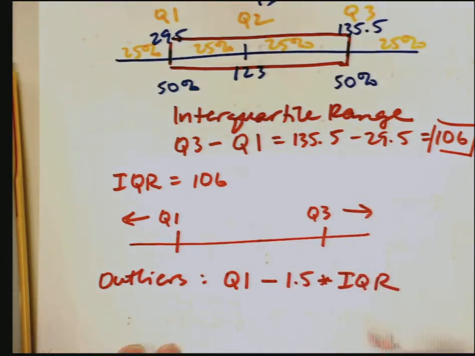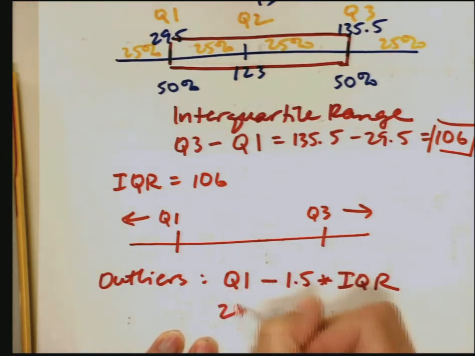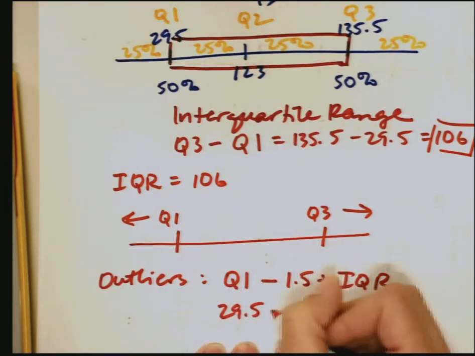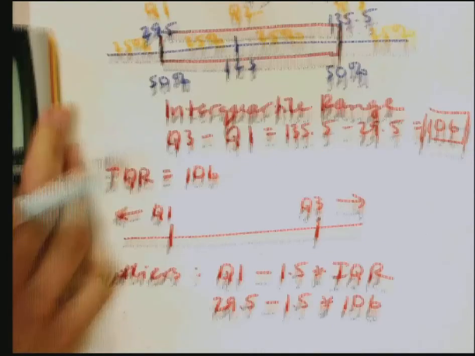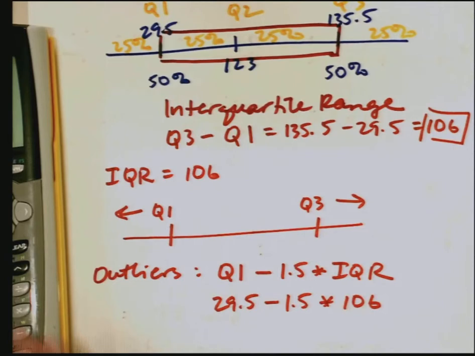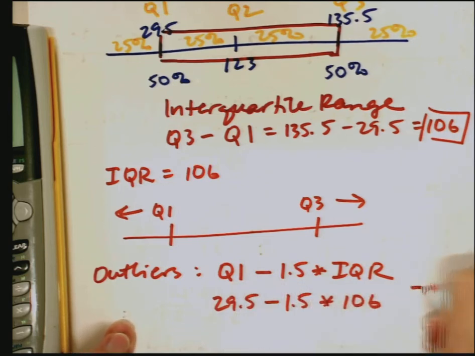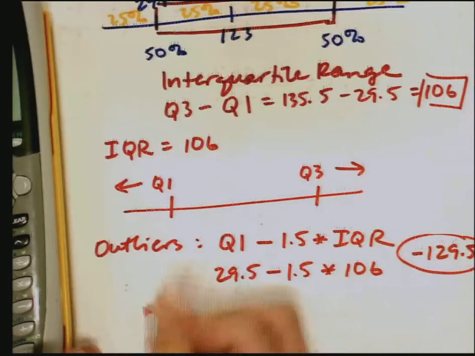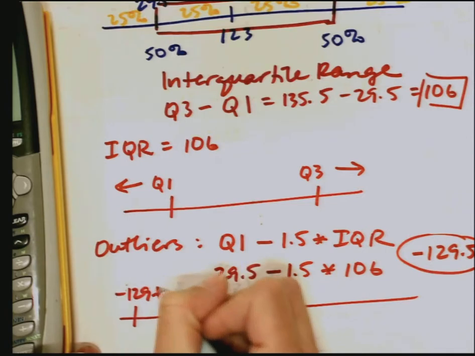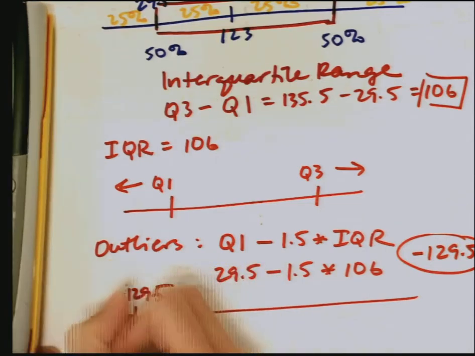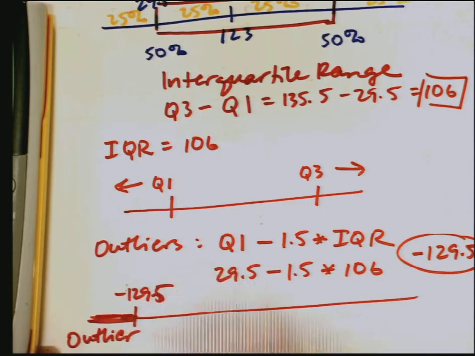For our data, quartile 1 was 29.5 minus 1.5 times 106. In my calculator, that gives me negative 129.5. I would need data below negative 129.5 to have an outlier on the left.